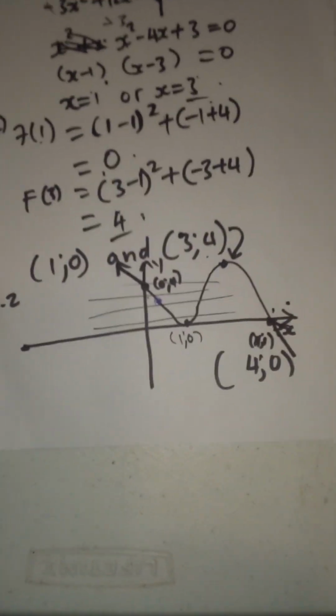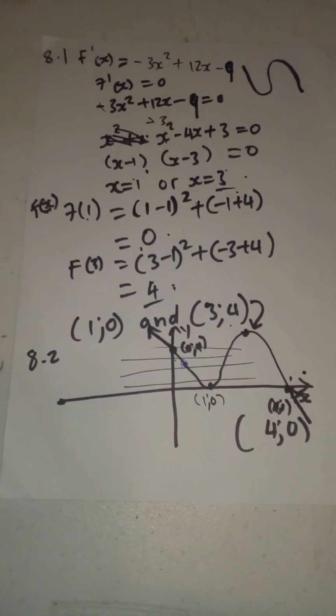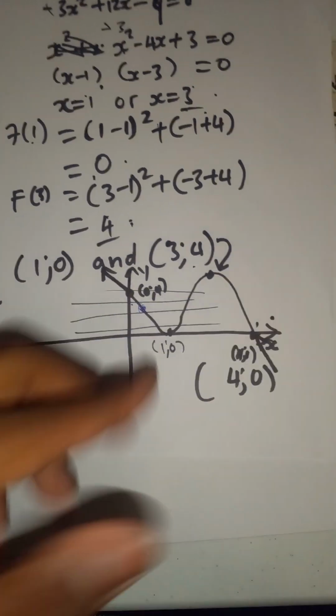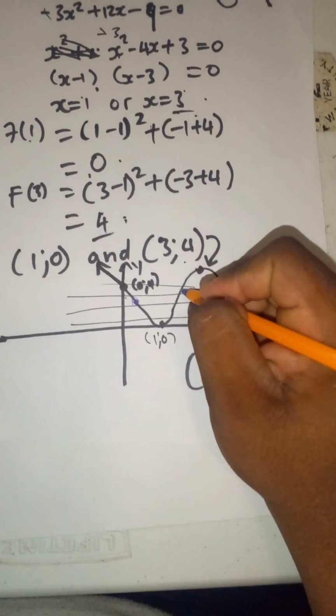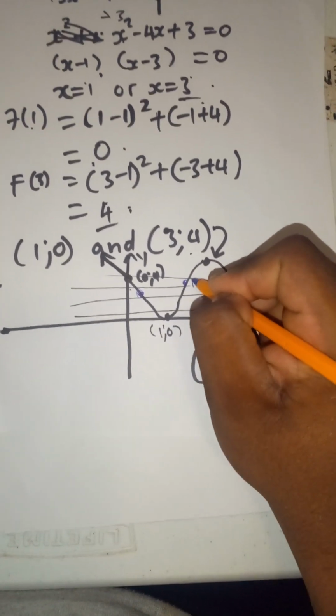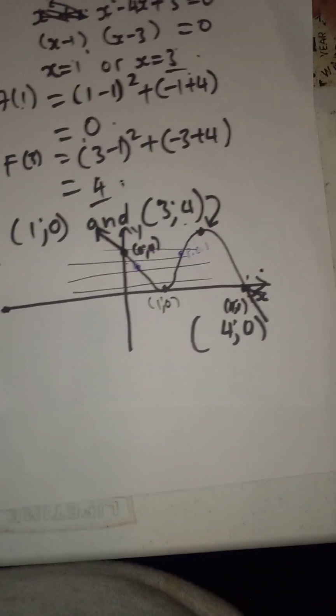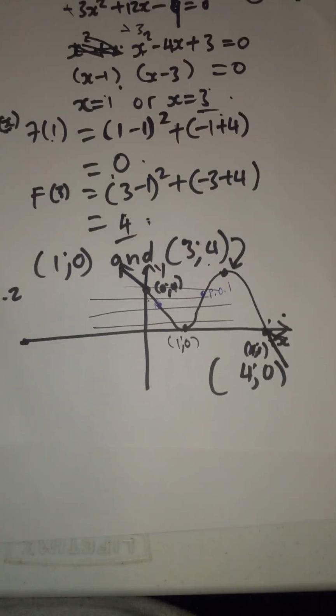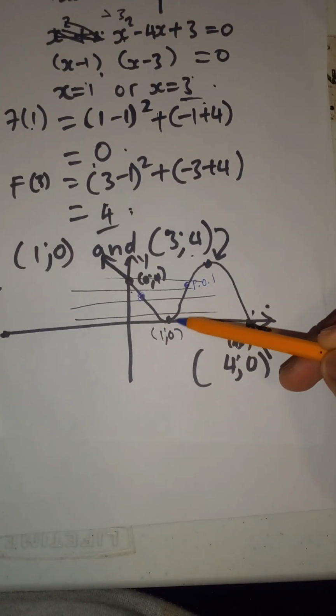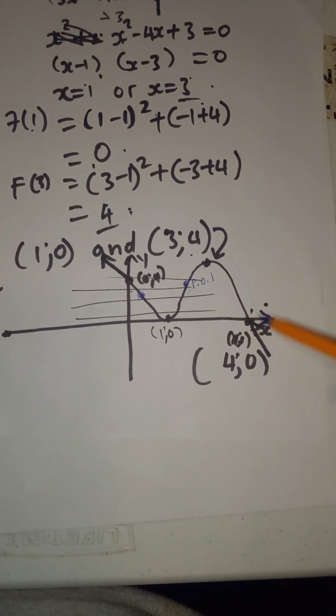The point of inflection is a point whereby your graph stops being concave down and starts being concave up, or stops being concave up and starts being concave down. So now in this graph, I can deduce that this is the point of inflection, because it is now stopping being concave up and starting being concave down.